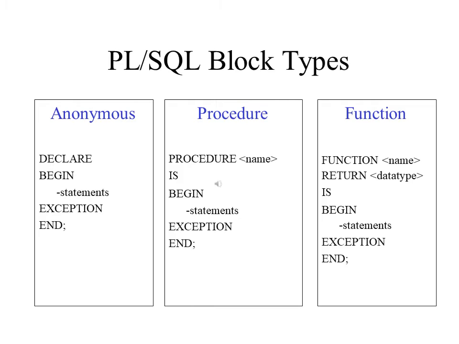PLSQL blocks are of three types: anonymous blocks, procedures, and functions. Blocks which do not have headers are known as anonymous blocks. These blocks do not form the body of a function, trigger, or procedure.